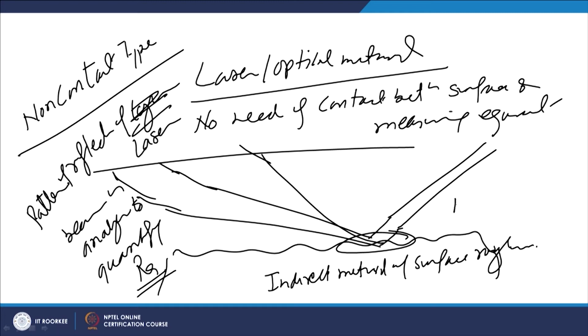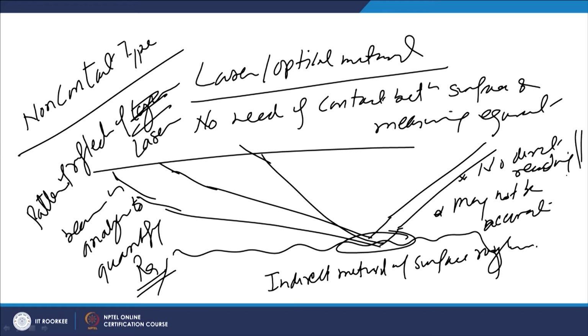It may not be accurate, and another issue is that there is no direct reading. It is an indirect method, because based on the reflection we try to relate it with the extent of surface roughness present at the surface, and then come up with some value of the surface roughness.